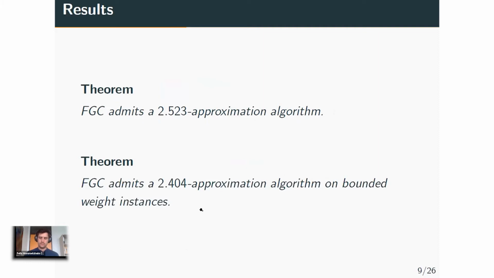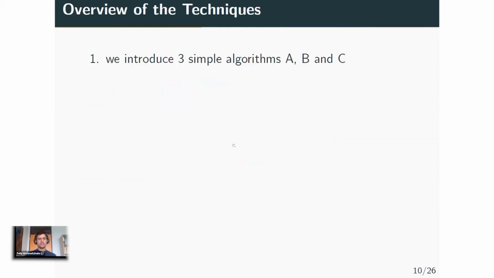Okay, and how do we obtain these results? Here's an overview of our techniques. We will first introduce three very simple algorithms, and they each have a worse approximation guarantee than our approximation guarantee in Theorem 1.